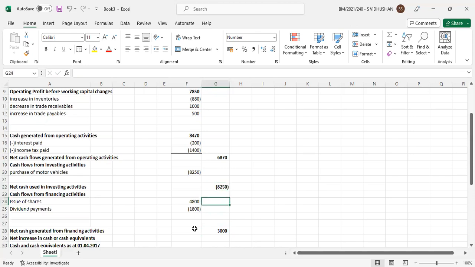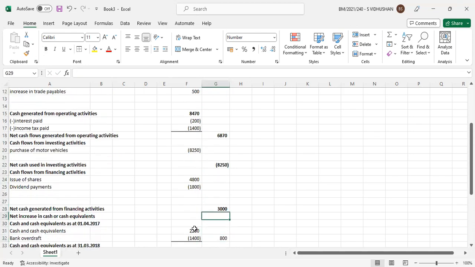Then what you need to do is find out the net increase in cash or cash equivalent, right? So 6,870 minus 8,250 plus 3,000 is going to give you 1,620, which is good. There is a cash increment.